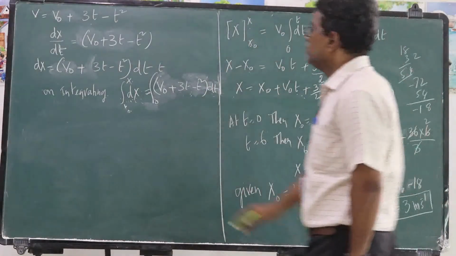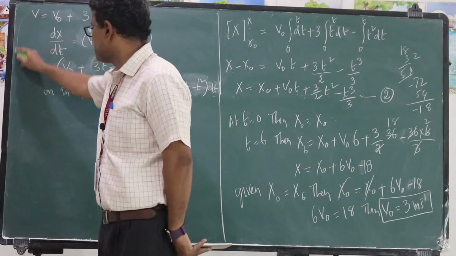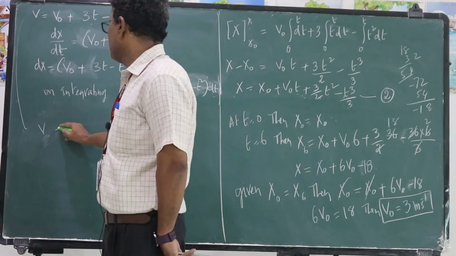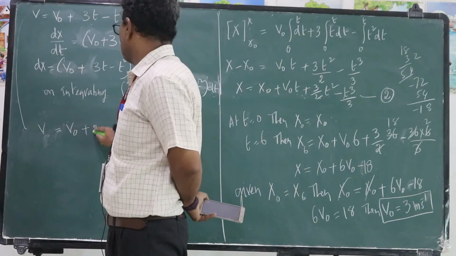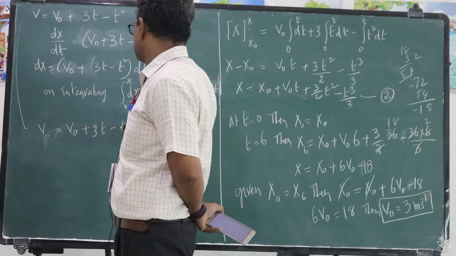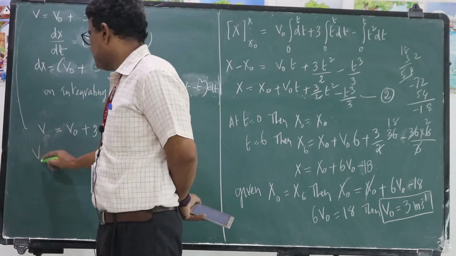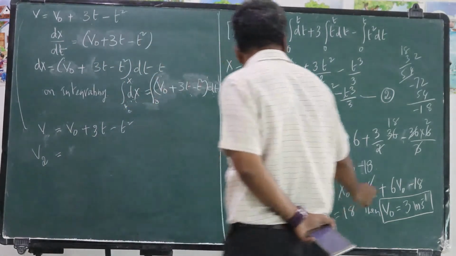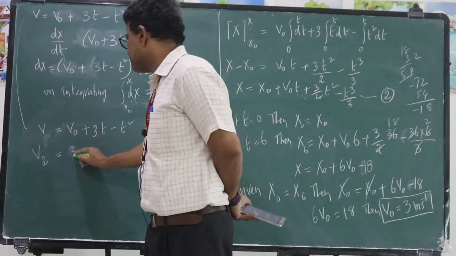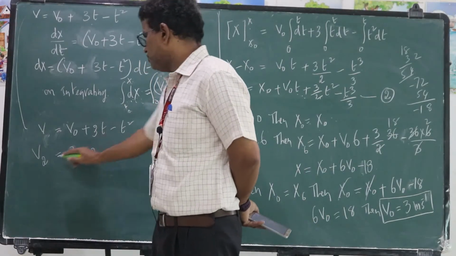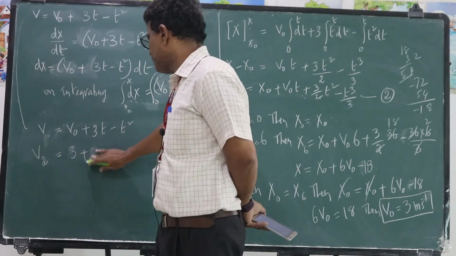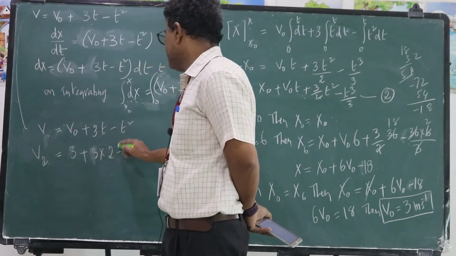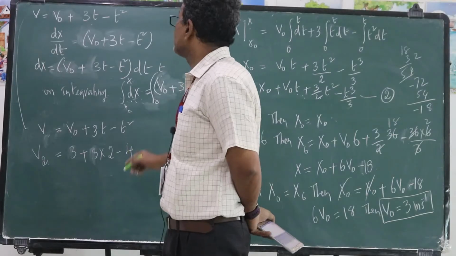So you substitute in this expression. v is equal to v naught plus 3t minus t square. Velocity at t is equal to 2 seconds: v naught, what is v naught? 3, plus 3 into 2, t is 2, minus t square, 2 square is 4.